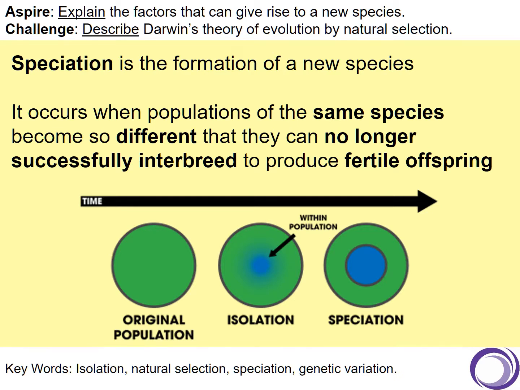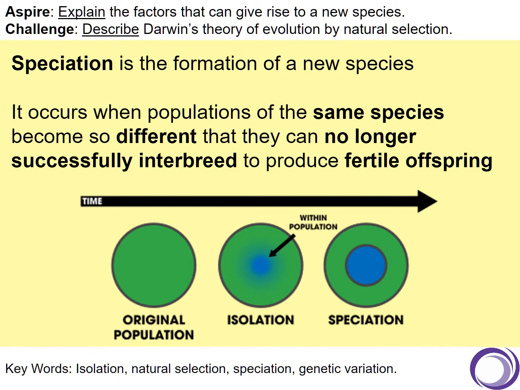In any population, there are genetic variations, so there's a wide range of different genes controlling the characteristics within a species. In each population, certain alleles are selected and control characteristics, and some of those characteristics will help the organisms to survive and breed.